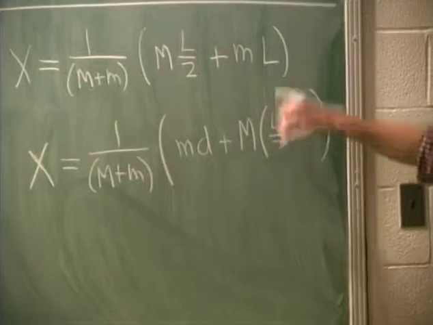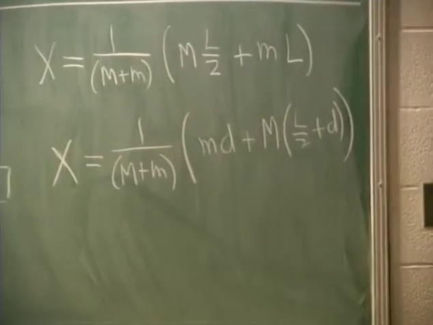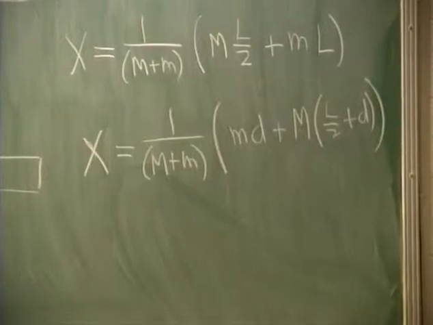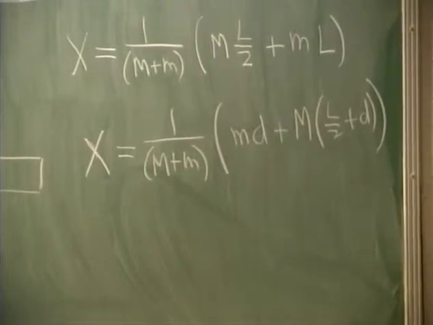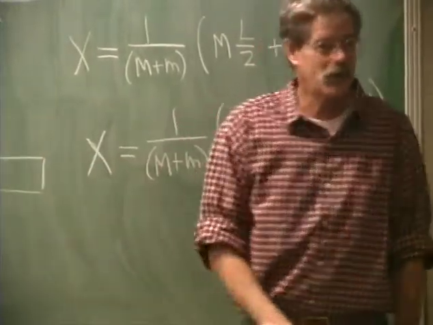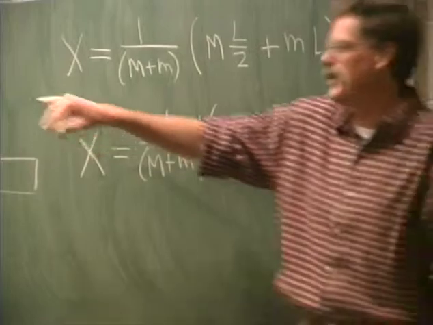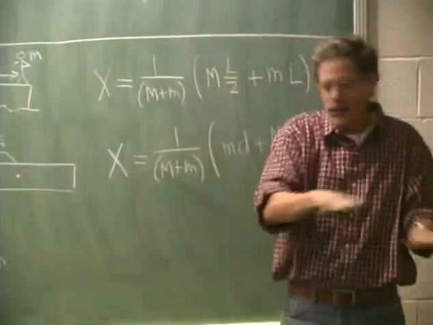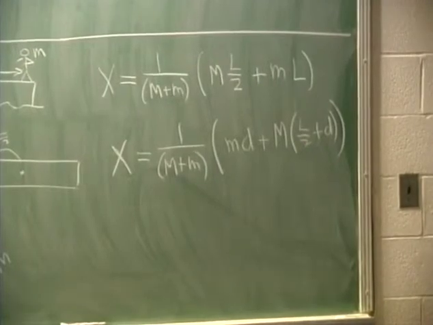The center of mass does not move because the total external force is equal to 0. Do you believe that? Well, there's gravity acting down, normal force acting up, but those two cancel each other. Why did I do this with a boat instead of with some kind of cart parked on gravel or something? Well, I was trying to get all the friction out of the system. So there's no external horizontal force acting on this system.